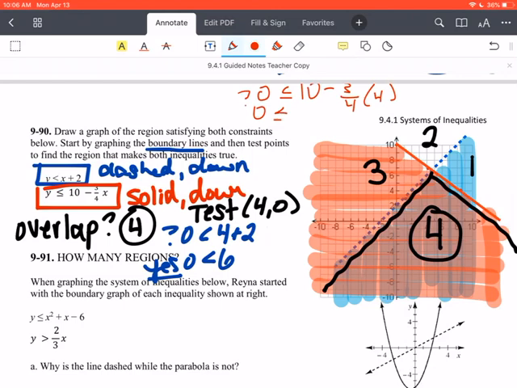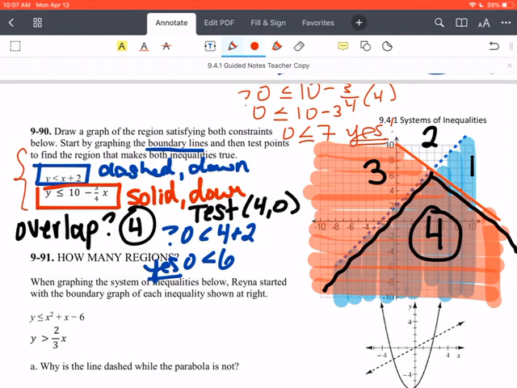Is 0 less than or equal to 10? Negative 3 times 4 is negative 12. Negative 12 divided by 4 is negative 3. Is 0 less than or equal to 7? Yes, it is. So the double yes is the only way that you can be certain that a point is a solution to the system.